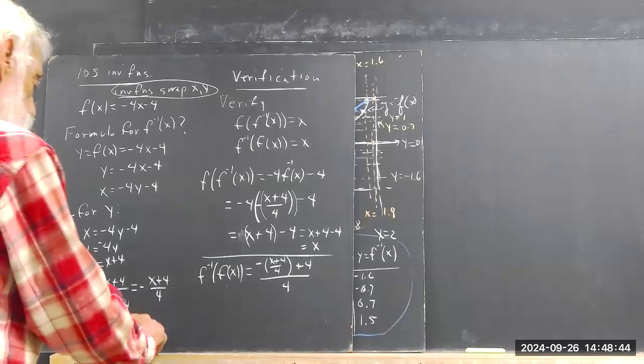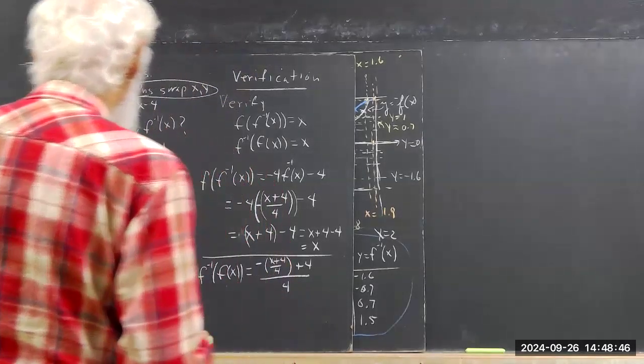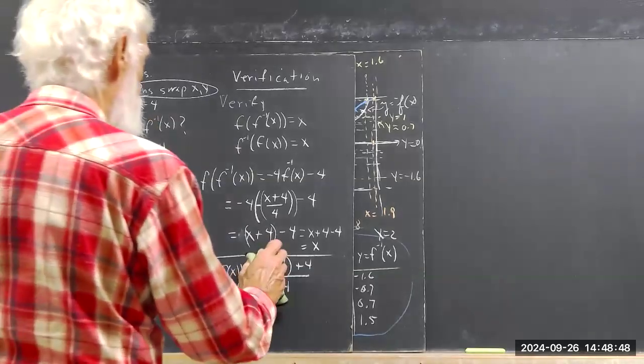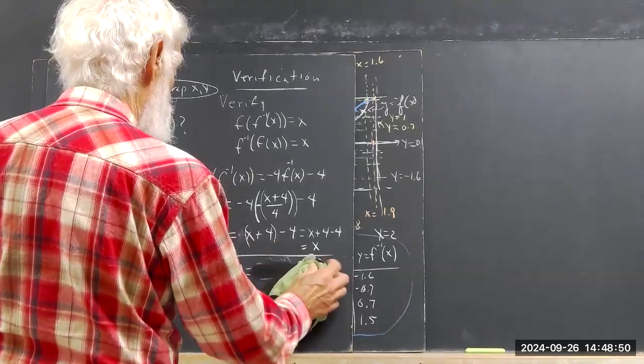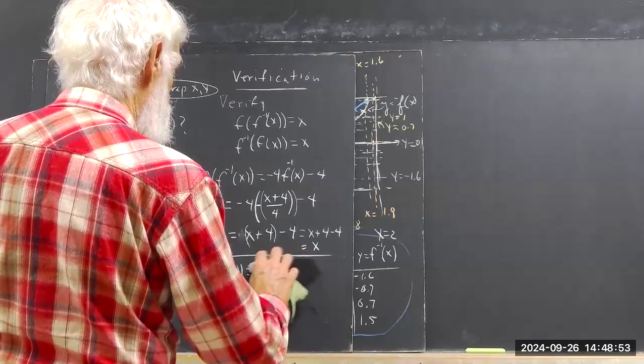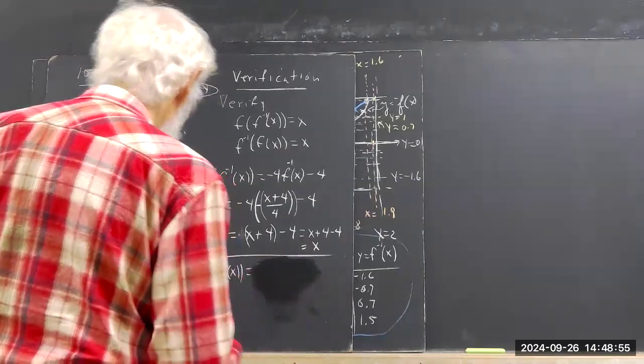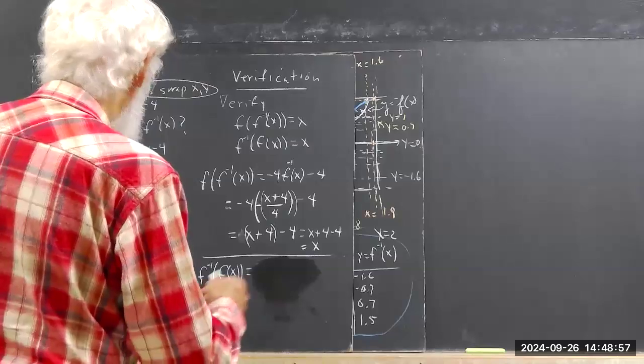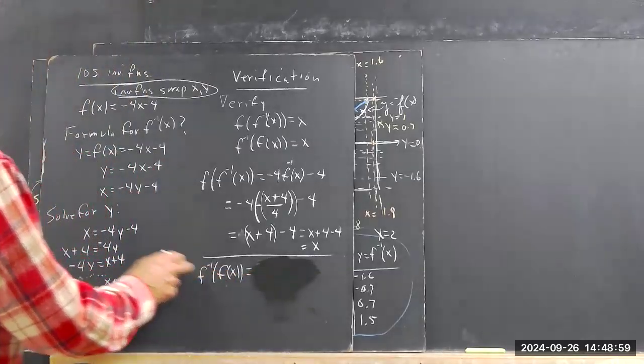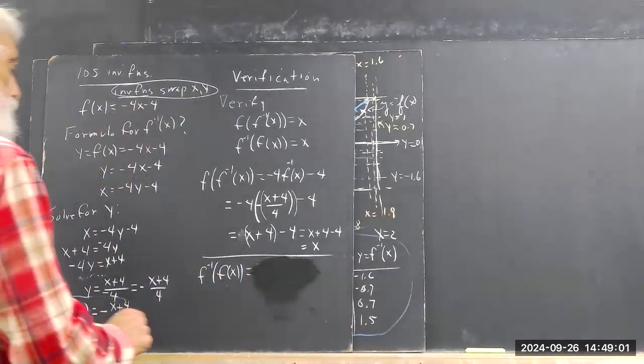And I substitute again because f of x is 4x minus 4. So don't do like I do. I've been at this for a while. Apparently my brain started to shut down. Okay.